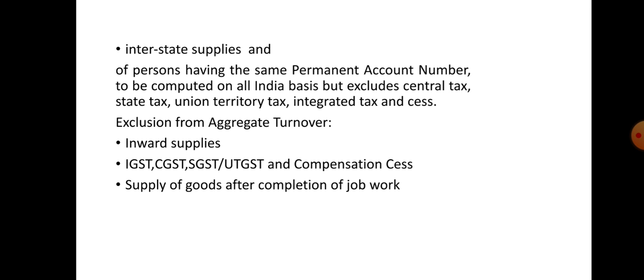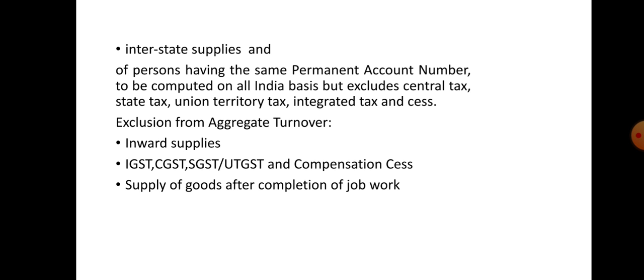Now, the transactions that are excluded from the aggregate turnover. Some transactions will be stated in the problem at the time of solving, and if you know exactly what the aggregate turnover means, it's easy to solve the problems to compute the aggregate turnover. Some transactions are to be excluded at the time of computing the aggregate turnover.